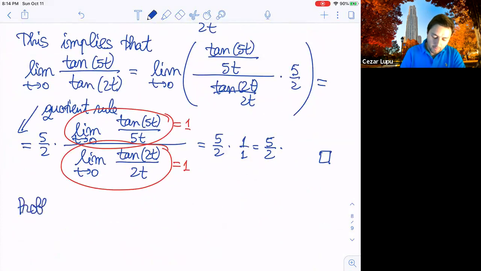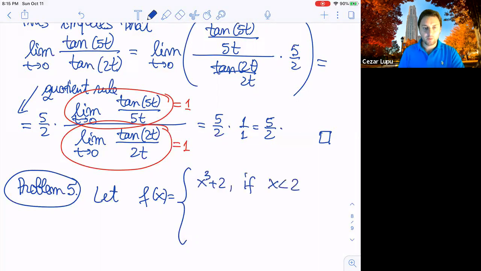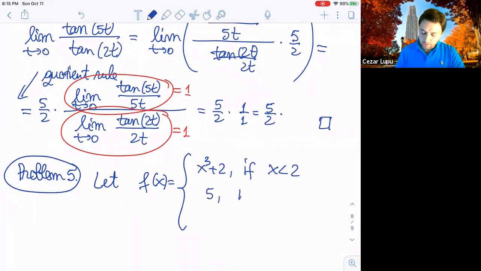So problem 5. Now I'm going to define, let me consider f of x to be equal to x cubed plus 2 if x is less than 2. So I'm going to define a piecewise function: 5 if x is equal to 2, and x squared plus 6 if x is greater than 2.